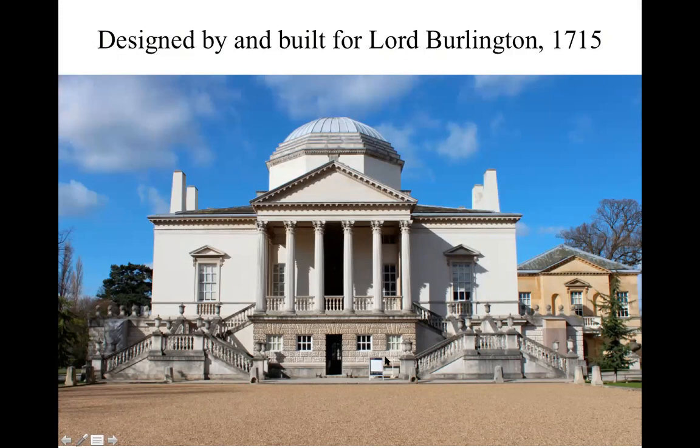Burlington had this dream, this vision of reforming British culture by looking to Italy and also to Inigo Jones. And so this building there becomes a kind of great model for architecture throughout Britain and actually in the American colonies as well. You see the relationship to the Villa Rotonda and some of Palladio's other villas.